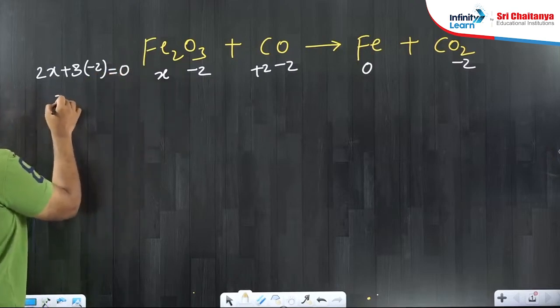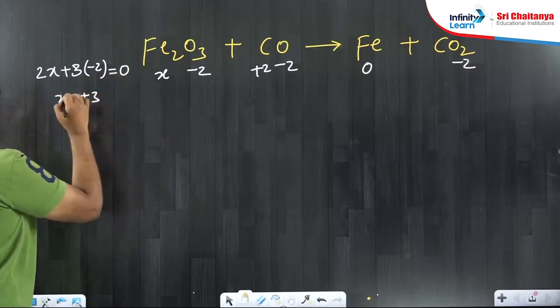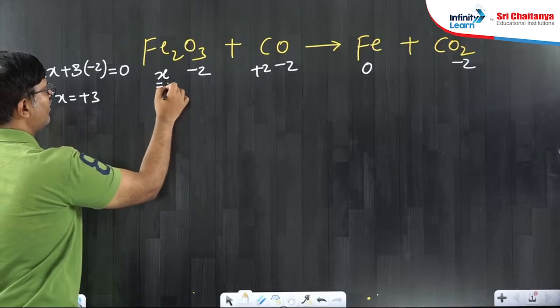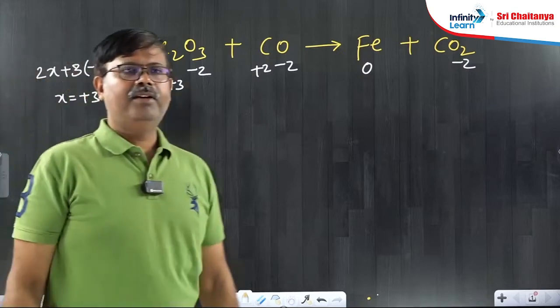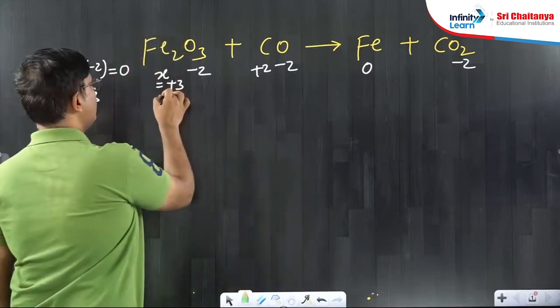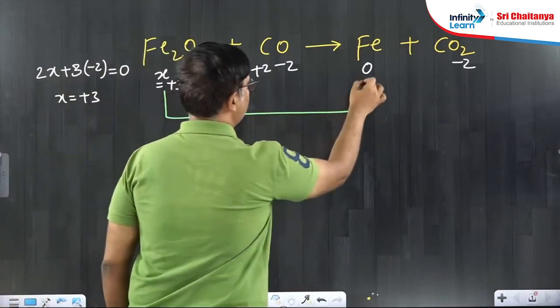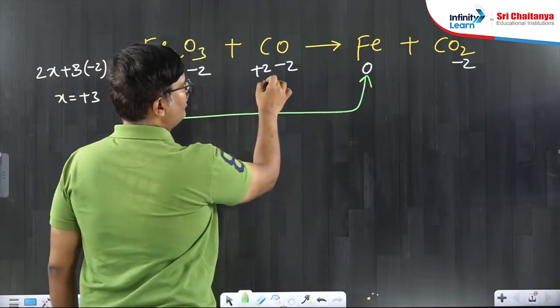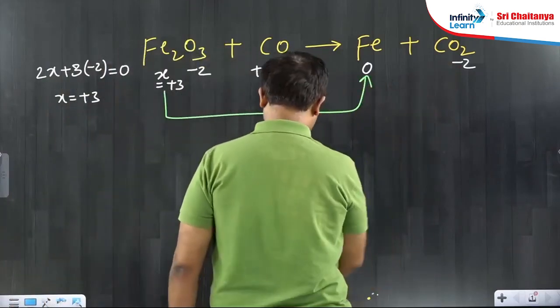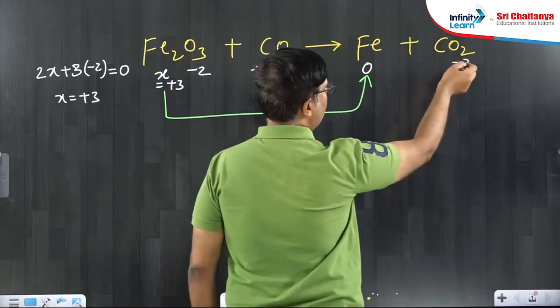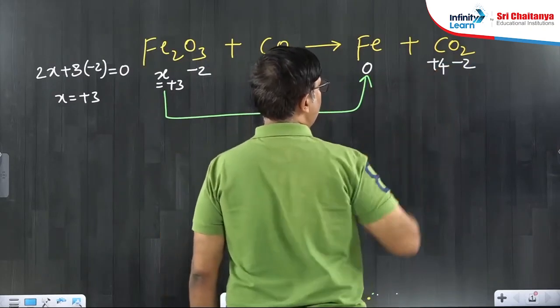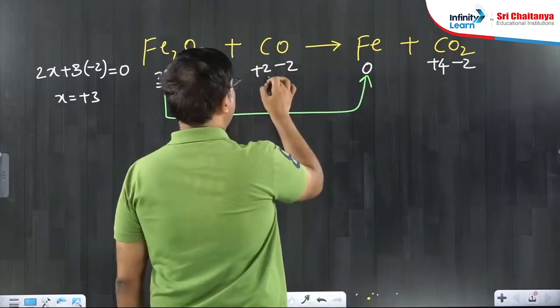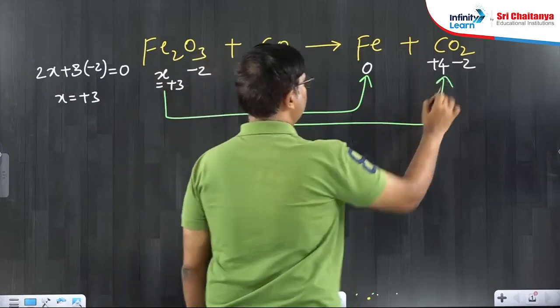So you will get X is equal to +3. So the oxidation state of iron is +3. Now, which are undergoing change? Iron is undergoing change. And what else? Here carbon also. Oxygen -2 means carbon you will get +4. So carbon is also undergoing change.